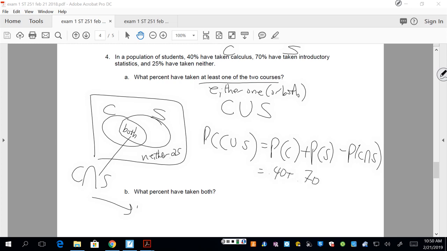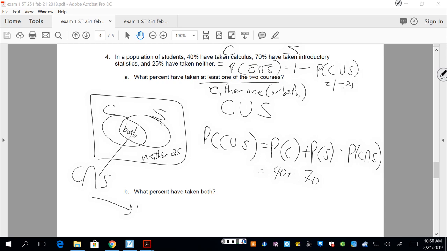Now, we're not directly given either of those other things, but what's the opposite of neither? Neither one, so it could be either one, right? So it can be C or S, right? So neither is not C and not S. That's outside of both of them. That's 1 minus C union S. So either one.